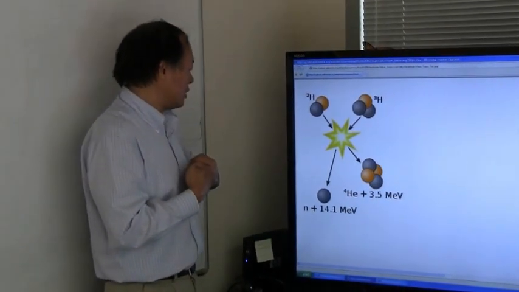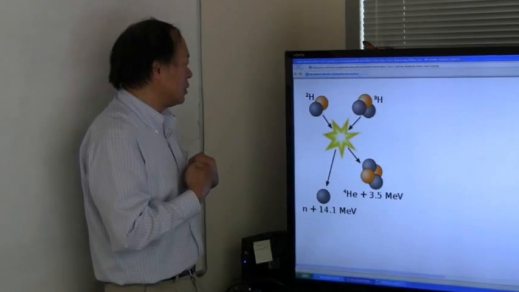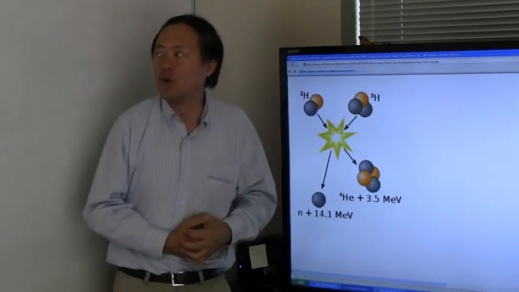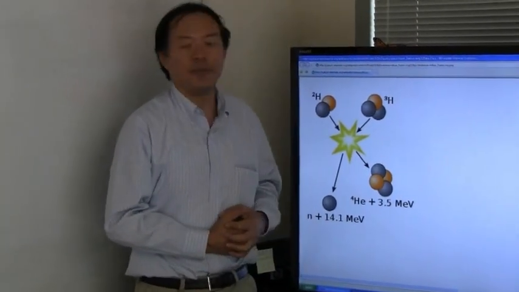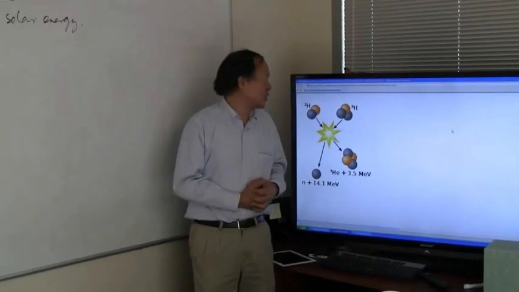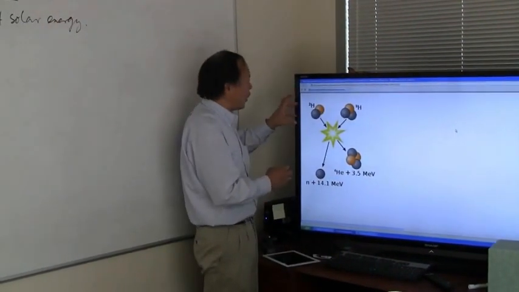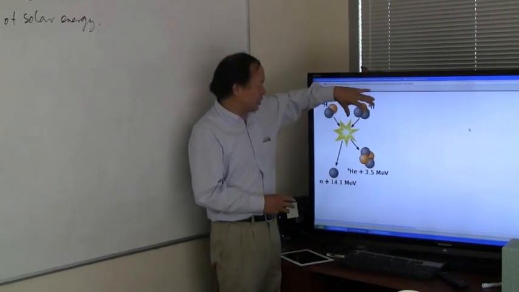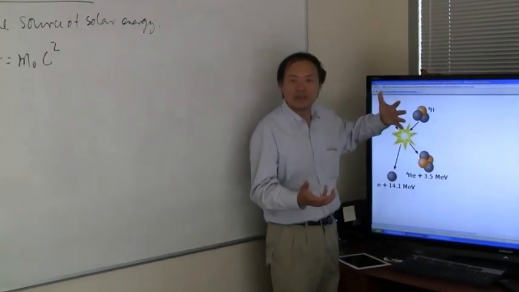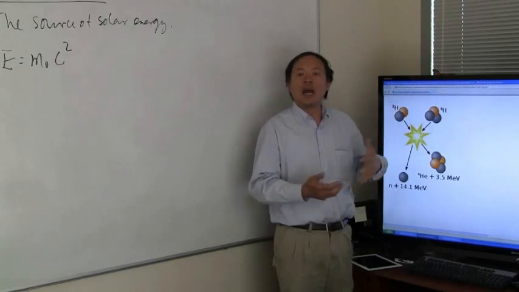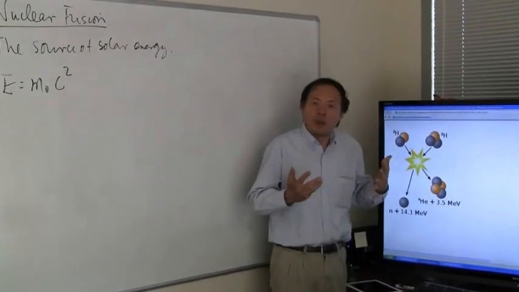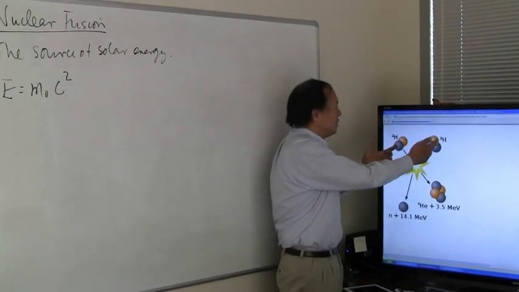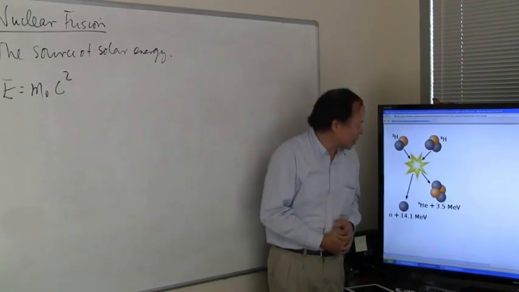Now, let's have a look at why this process would generate energy. The reason is that if you compare the rest mass of the deuterium as well as the tritium, you add the 2 masses together, by looking at the atomic weight of these two elements.